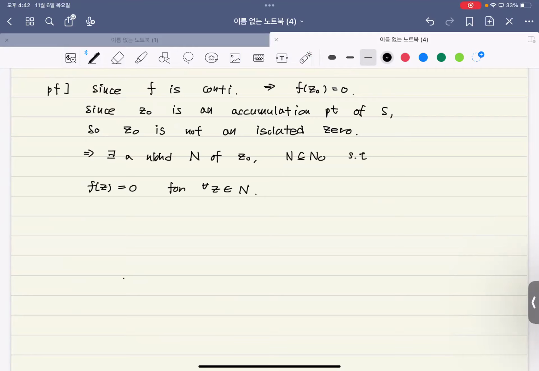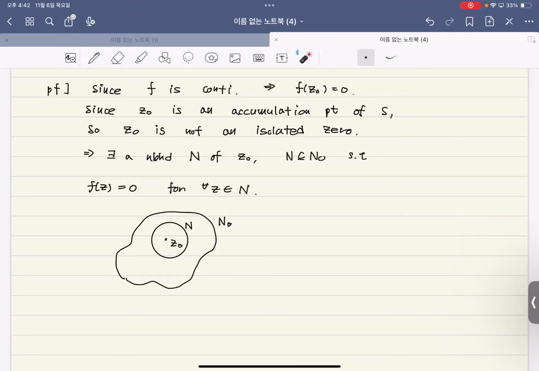Okay, so this is N0, and this is z0, and this is my neighborhood N. On this neighborhood, my function is identically 0. Now what I want to do is take a positively oriented curve C around the point z0.